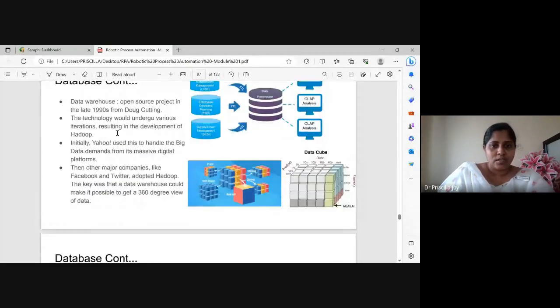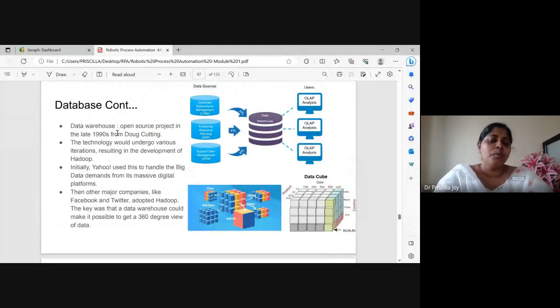In addition, in the previous class we learned about the data warehouse. In a data warehouse, on the user side we have OLAP systems where analysis is done, and in the other case we store customer relationship data or enterprise resource planning data.